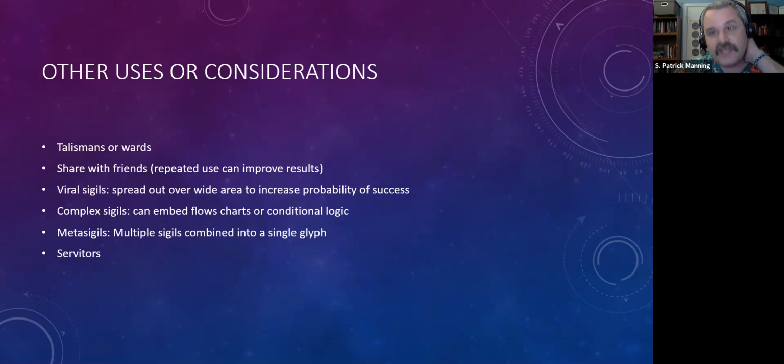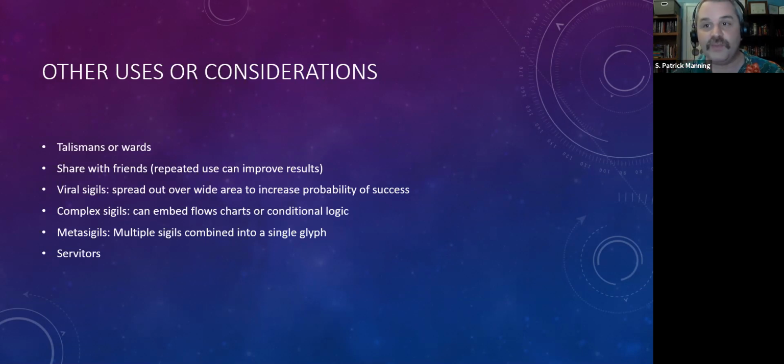Sigils can also be much more complex than just a simple statement of intent. I don't really have any examples of this that I can show, but I have made complex sigils using flowcharts and conditional logic. So if you are familiar with how to draw flowcharts and how to do computer algorithms, then you can create a sigil based on that.